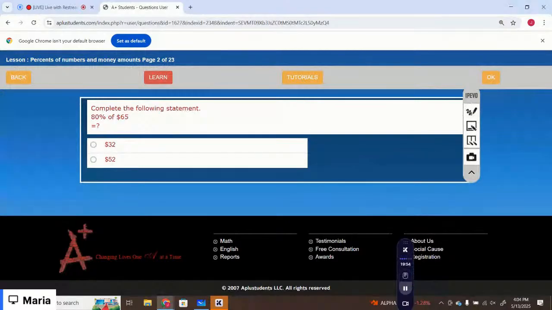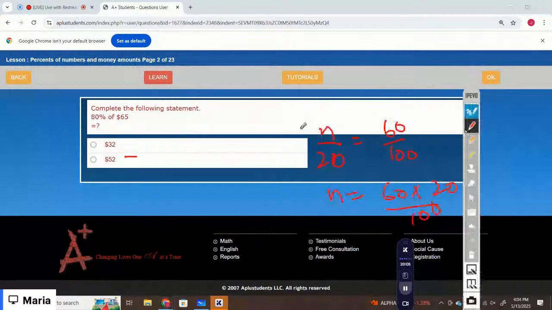Complete the following statement: 80% of 65. How do you calculate 80% of 65? You have to do n divided by 65, because you need to calculate 80% of 65. So n divided by 65 equals 80 over 100.